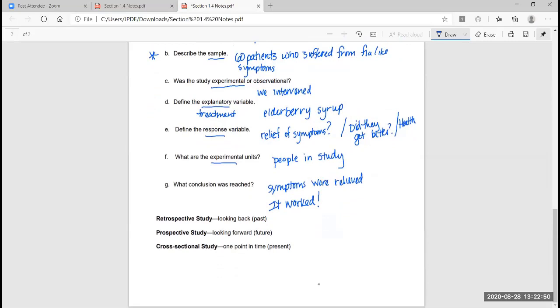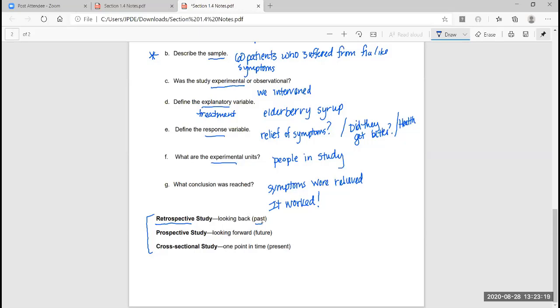Okay, just at the very end here, these are 3 types of studies based on time. So a retrospective study is looking back in the past. And what I might think about here, let's say I was looking at a prior semester and I was looking at students' grades or the success of students in my class.